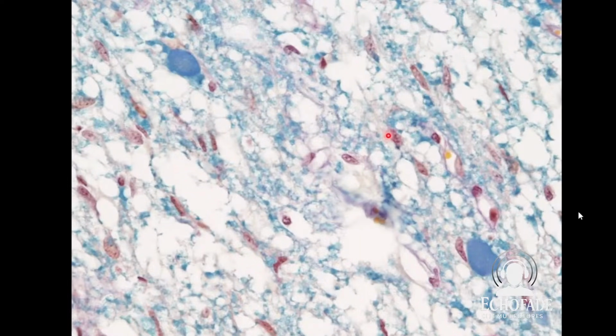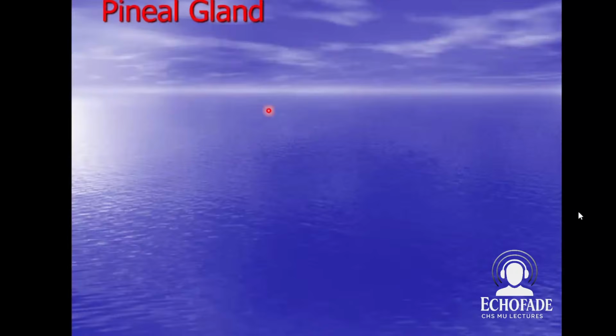Pituicytes are glial cells because this is nerve tissue. The neurohypophysis is an extension of the diencephalon, so it is nerve tissue, and therefore we have some pituicytes, which are glial cells.